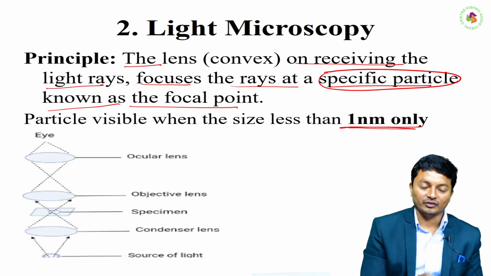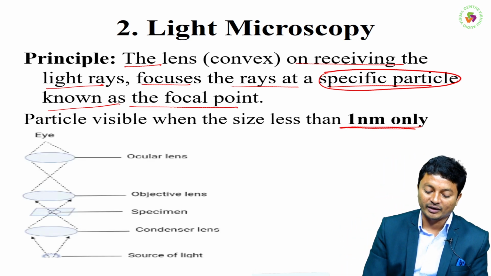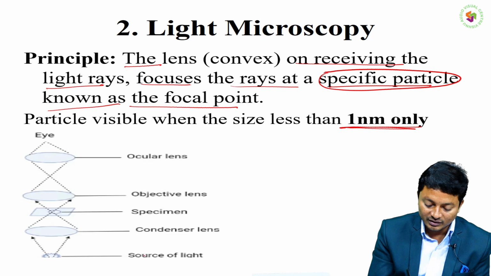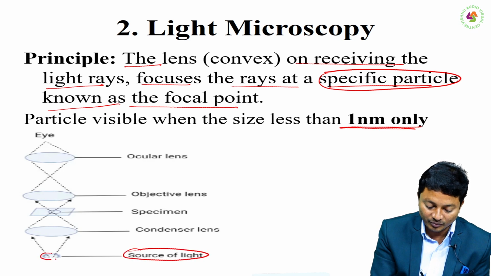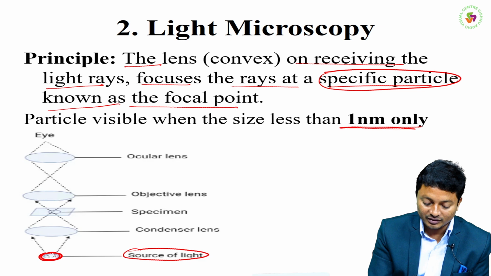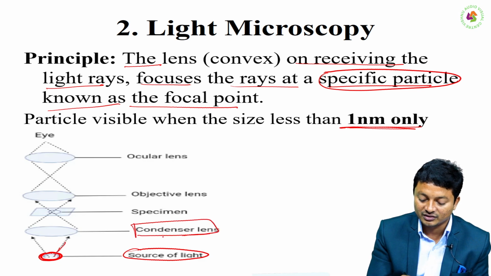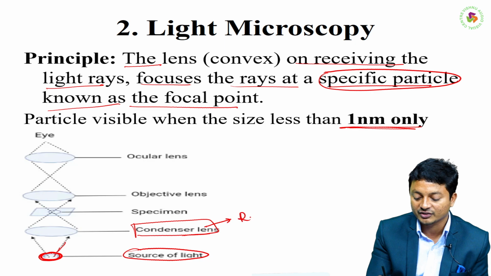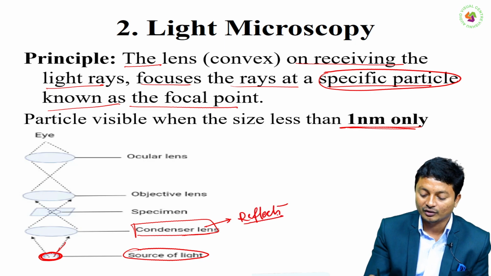So here we can understand in detail about light microscopy. This will be the source of light. From here we apply the light, and this light directly passes through the condenser lens. This condenser lens will reflect the light towards the specimen.